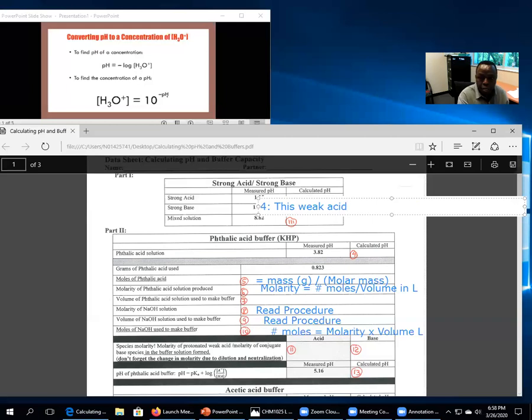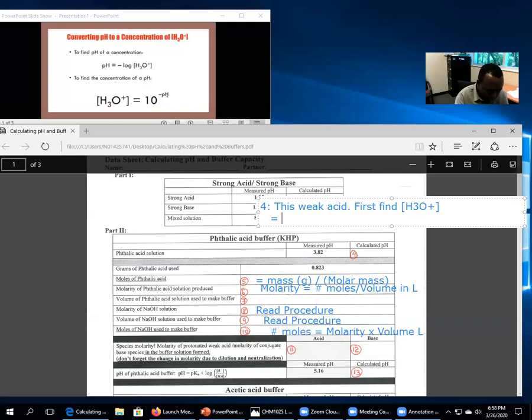And we do not use the equation you are familiar with, negative log first. You need to find the concentration of hydronium ion. The concentration of hydronium ion is given by this equation. Where is the square root sign?